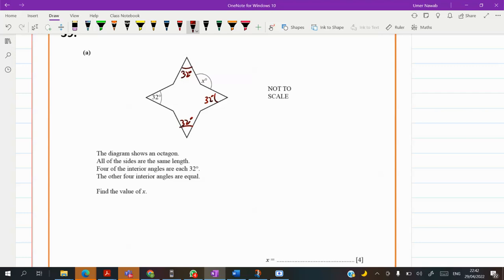And if the angles are the same, we want to find the angles here. My friends, to reach this problem, I need to know these four angles. Obviously, they are the same, so I call them y, y, y. Octagon. Number of sides is 8.